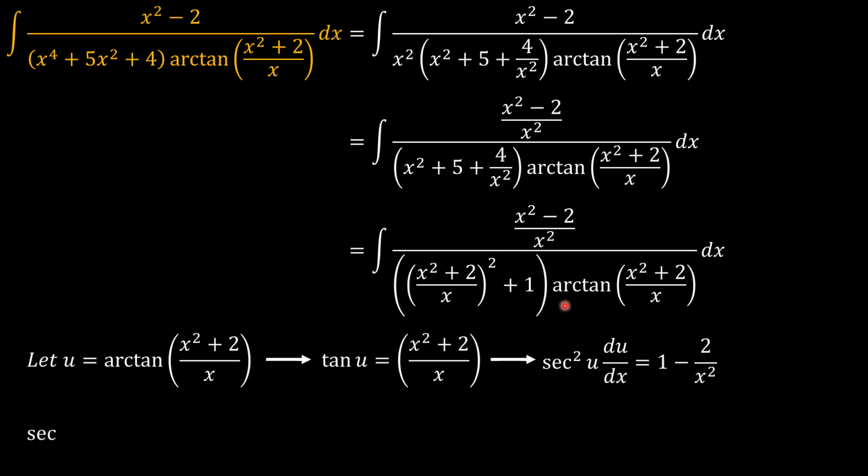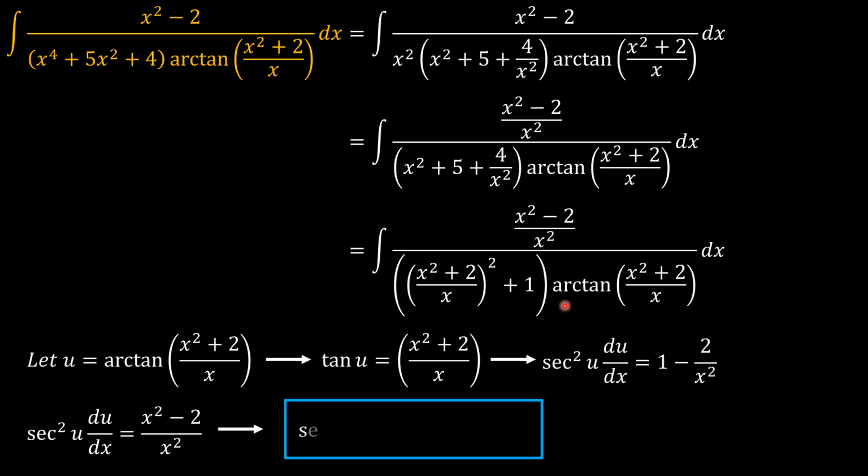And so going forward, we can now say sec squared u du dx equals, if we express it in the form of a common denominator, x squared minus 2 over x squared. So sec squared u du can be used to substitute for whatever is in the numerator here, that is x squared minus 2 over x squared times dx.